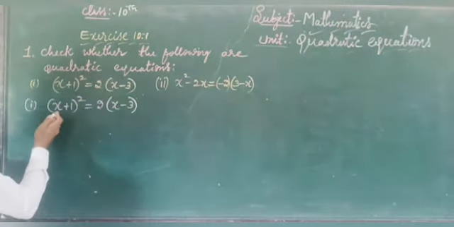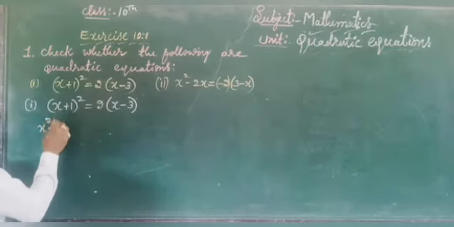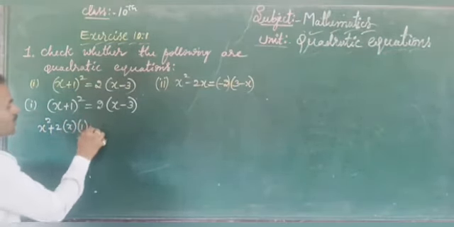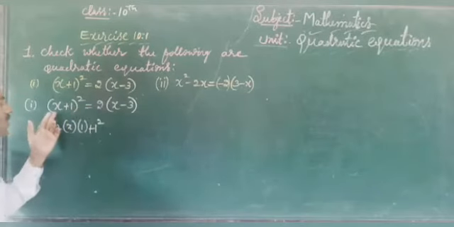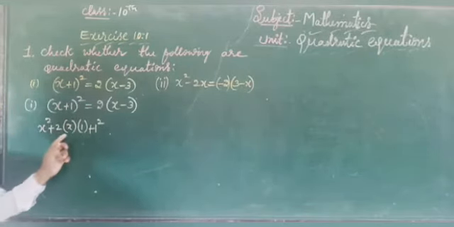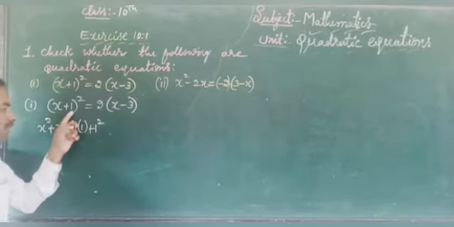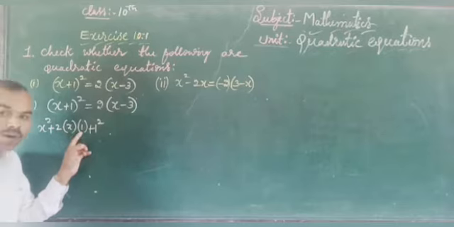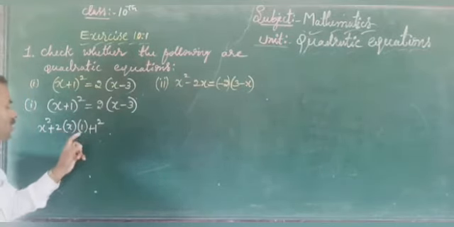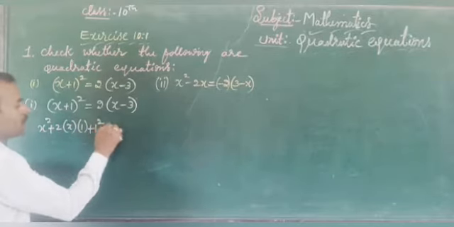Here it is in the form x square plus 2 into x into 1 plus 1 square. This is of the form a plus b whole square, a square plus 2ab plus b square. In the place of a there is x and in the place of b there is 1. So x square plus 2 into x into 1 plus 1 square.